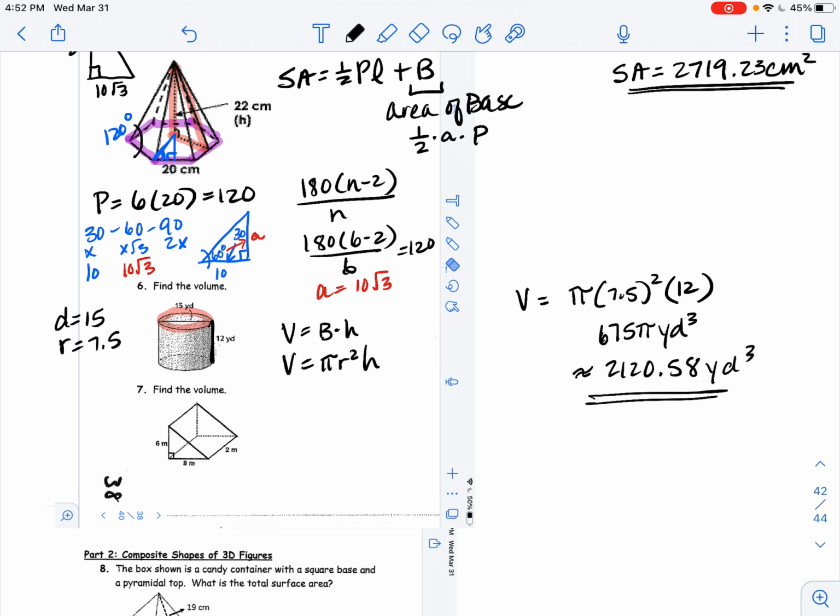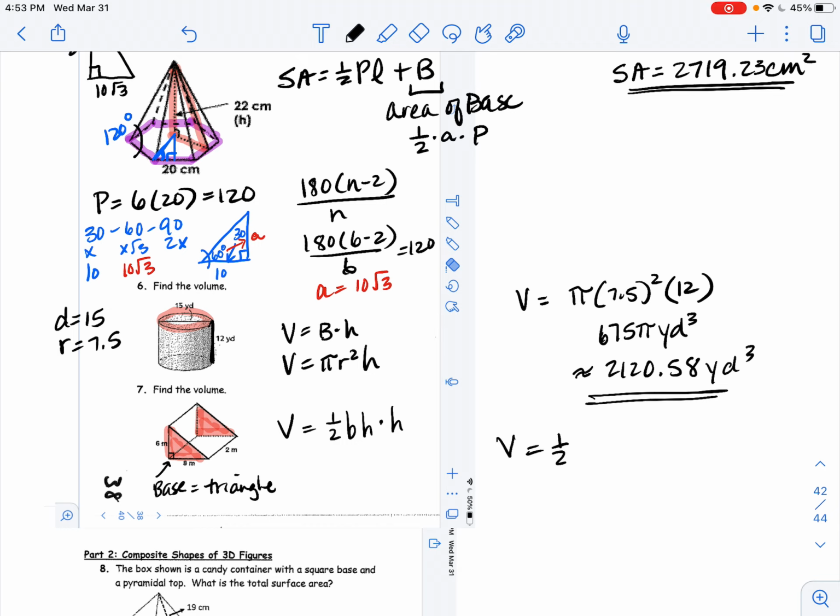Next one, we have a triangular prism. The base on this prism is this guy. Remember, you always have two congruent bases, so these are the bases. And then the lateral sides are rectangles. The volume formula is just going to be base times height. Since our base is a triangle, the area of the base is 1/2 base times height, times the height of the figure.